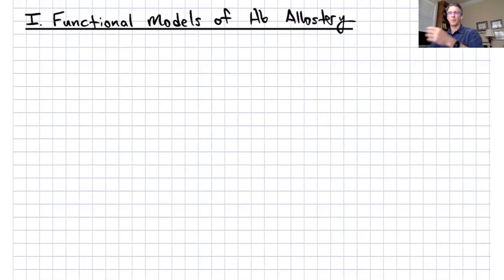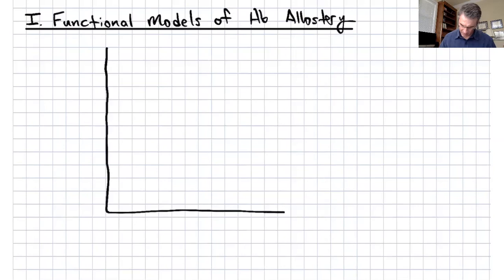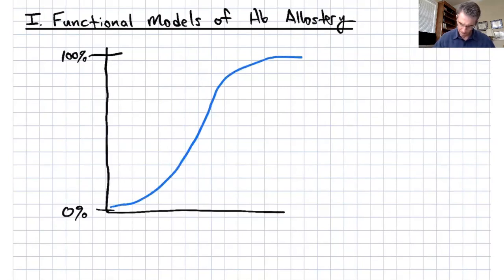I pointed out that the problem that we have in terms of oxygen transport by hemoglobin is that we need to load and unload oxygen from hemoglobin across this really quite narrow range of partial pressures of oxygen.